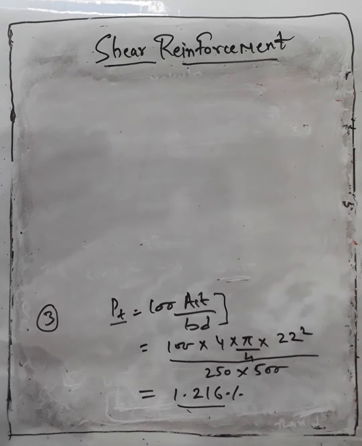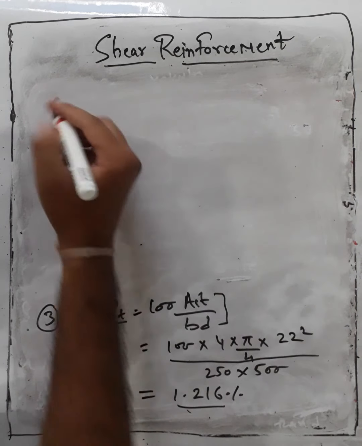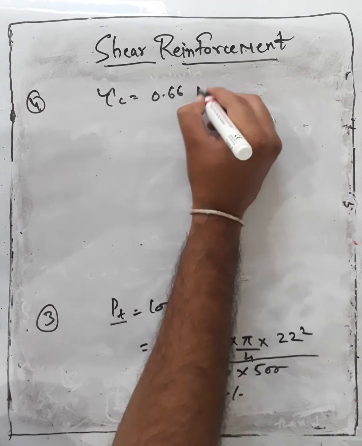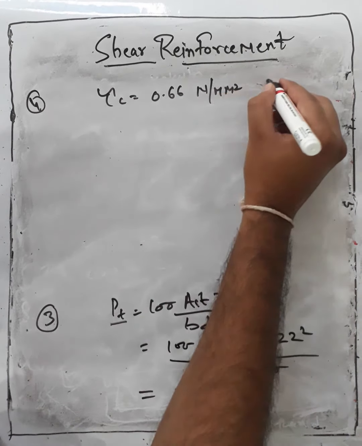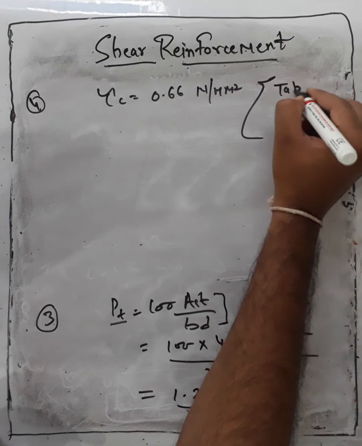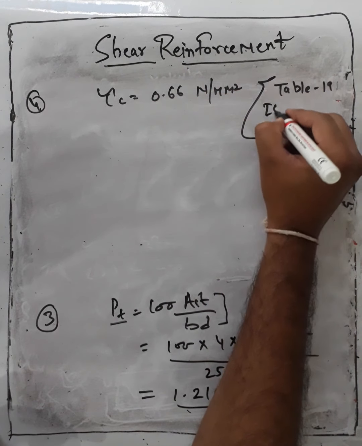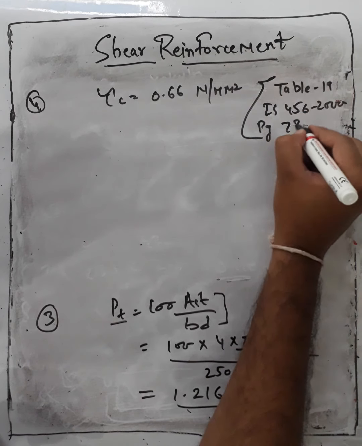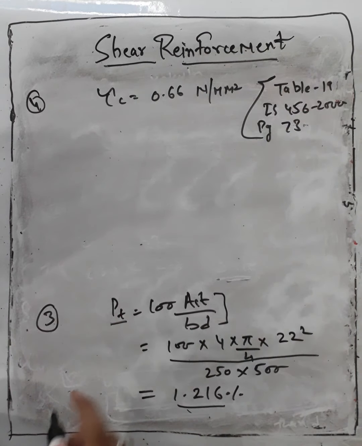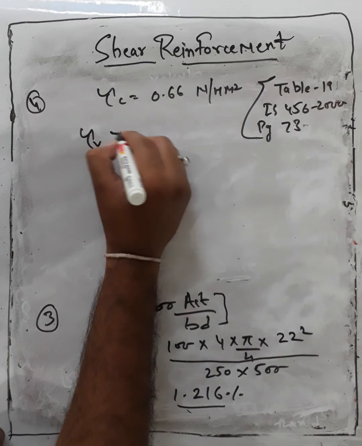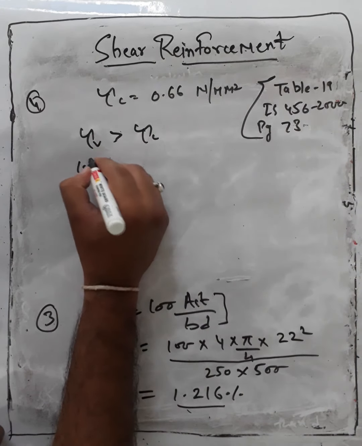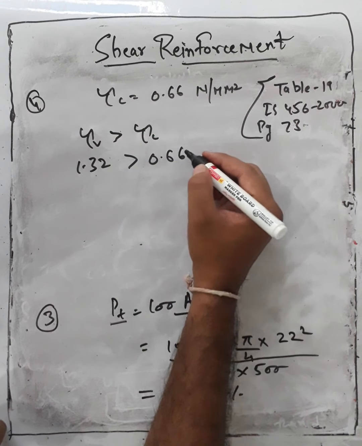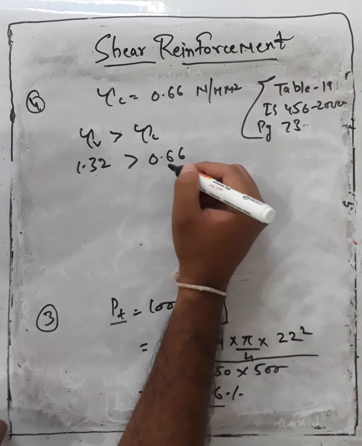So tau c is equal to 0.66 Newton per mm square, which we find from Table 19, IS 456 2000, page number 73, with the help of interpolation. Here tau v is greater than tau c, because tau v is 1.32 and tau c is 0.66.